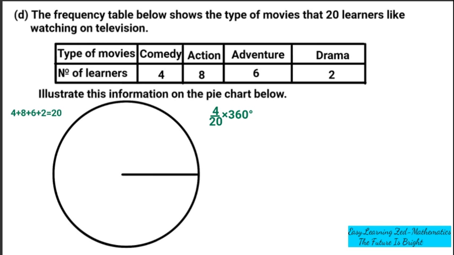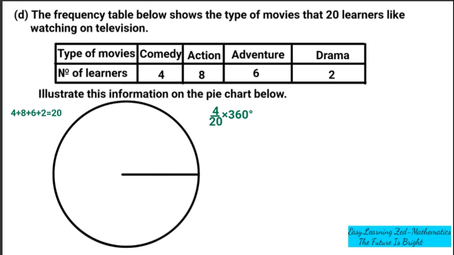Now here I want you to pay close attention, because I'm just going to do this once, but you're supposed to do this over and over. In this question we are supposed to do this 4 times, but I'm not going to do it 4 times, so pay attention. First we're going to divide 360 degrees by 20.